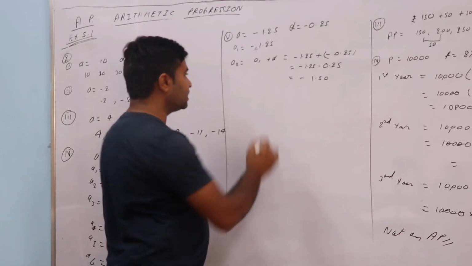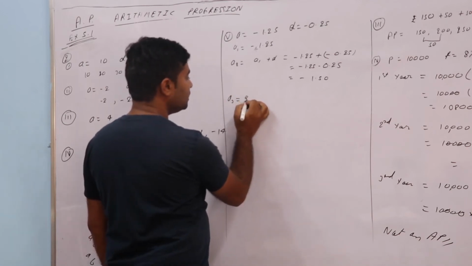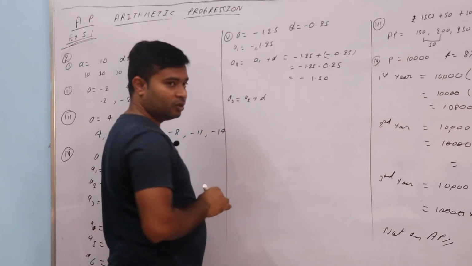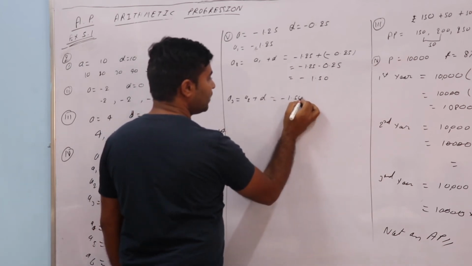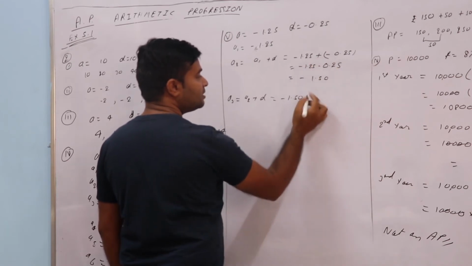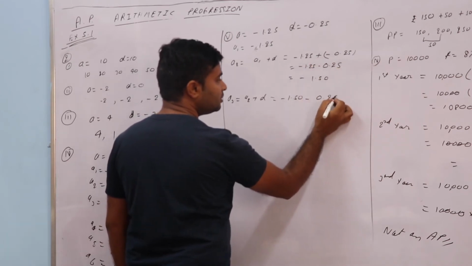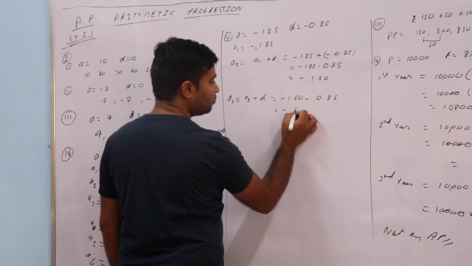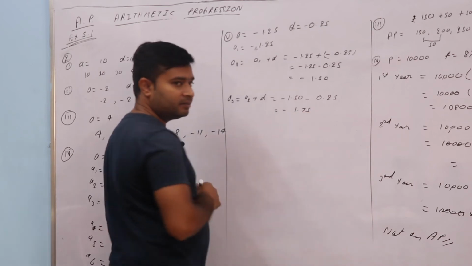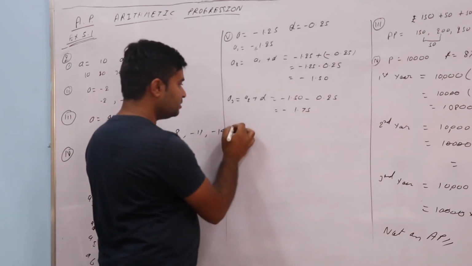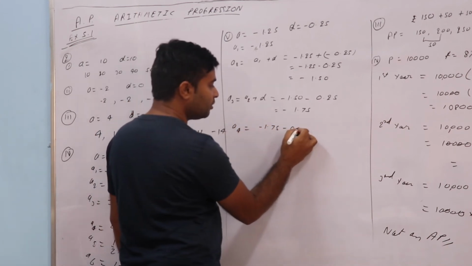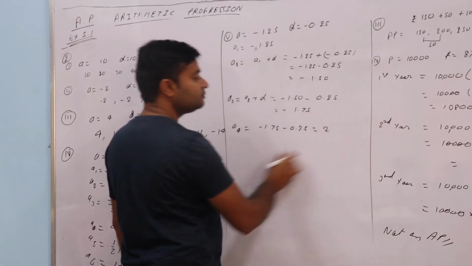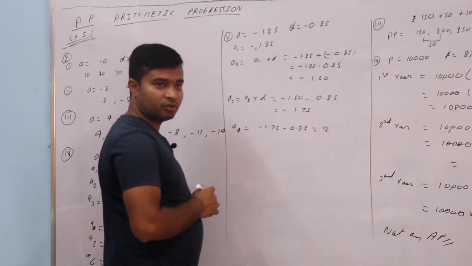Next, A3 is equal to A2 plus D. A2 is minus 1.50, then plus into minus 0.25, means minus 1.75. Yes or no? Yes, sir. Next, A4 is equal to minus 1.75 minus 0.25, is equal to minus 2.00.